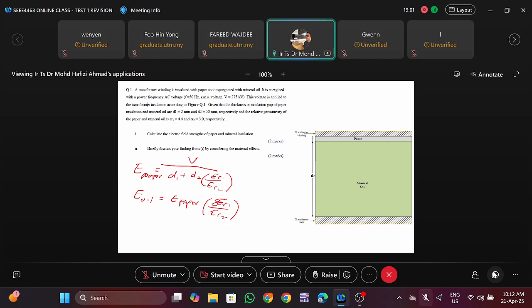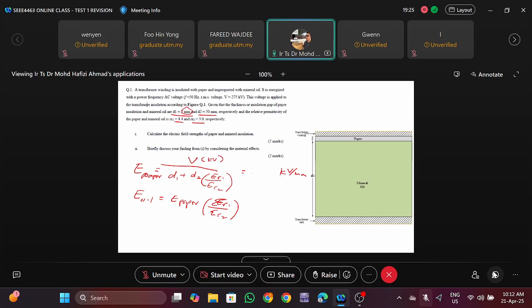We see that D1 is 2 millimeters, D2 is 50 millimeters, epsilon R1 is 4.4, and epsilon R2 is 3.0. So we represent this in kV per millimeter because the voltage is in kV, epsilon R has no unit, and D is already in millimeters.